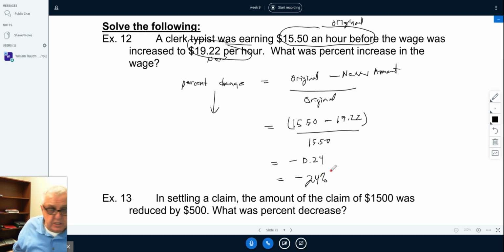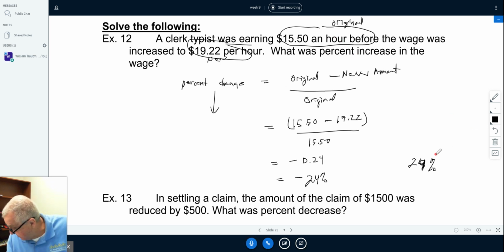By the way, the answer is 24%. But it says, what was the increase? It says negative percent change is a percent increase.